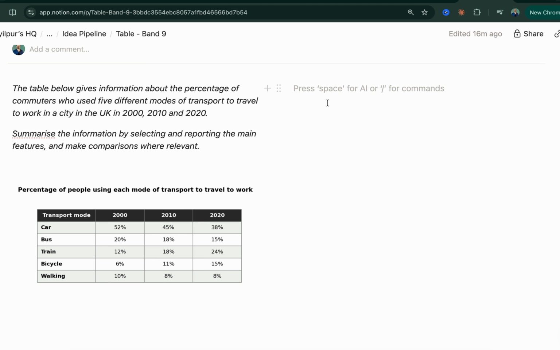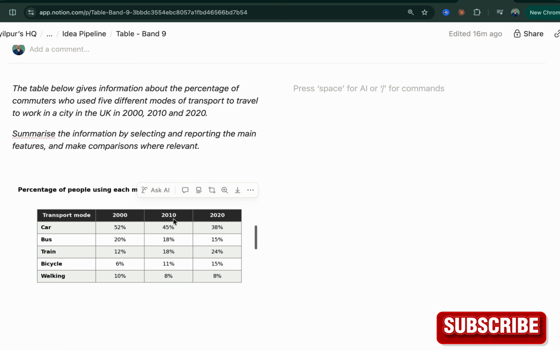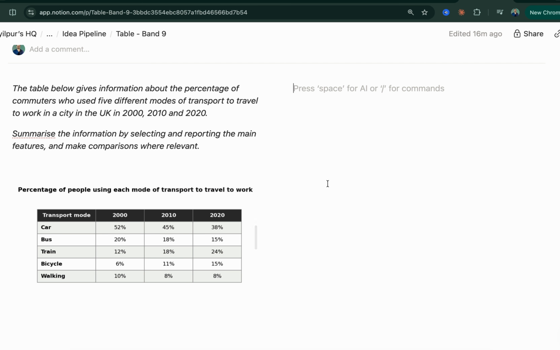And here, let's quickly analyze the question. It's about transport mode in 3 different years: 2000, 2010, and 2020. And I've got 5 different modes: car, bus, train, bicycle, and walking. Well, when you see 3 columns, 3 years, and each represented with a percentage, totally we've got 15 numbers here, 15 percentages.